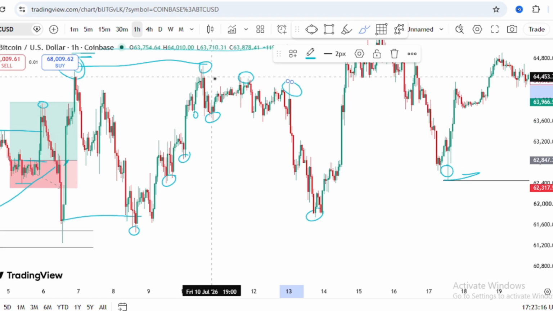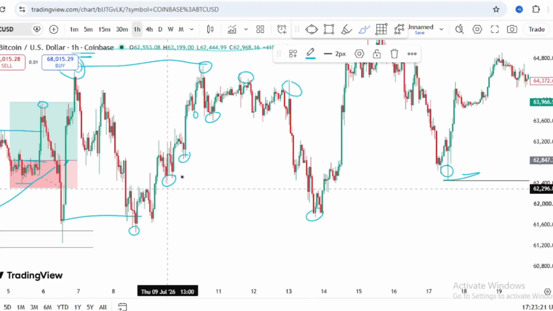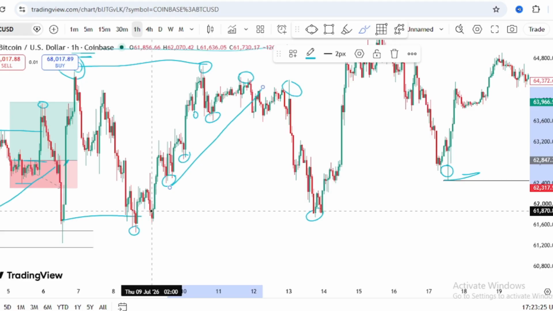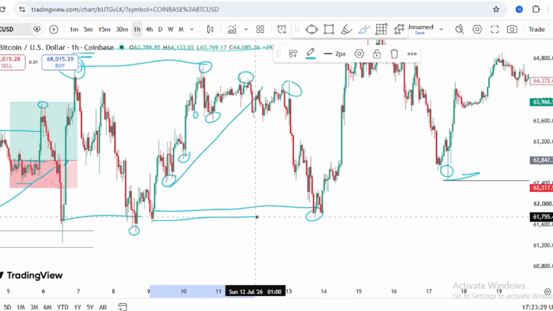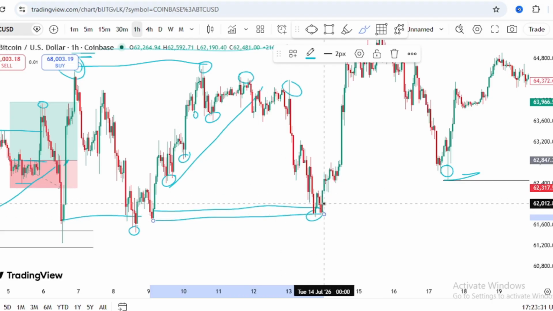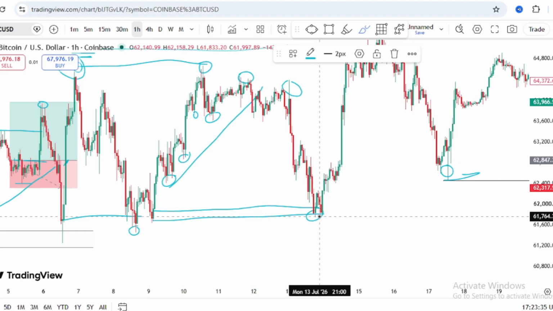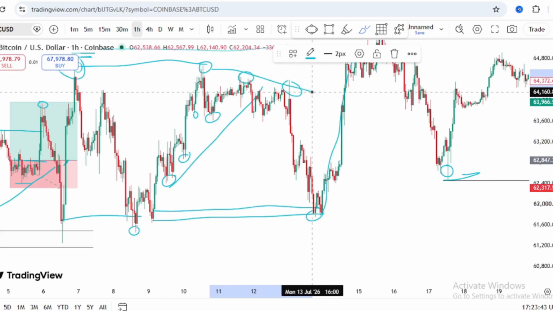This is what happened. Markets made a correction and took out all these liquidities, all of them, till it got to this support level, which is another block. When it got to this support level, market reversed and took out the other liquidity that formed here, the buy side liquidity.